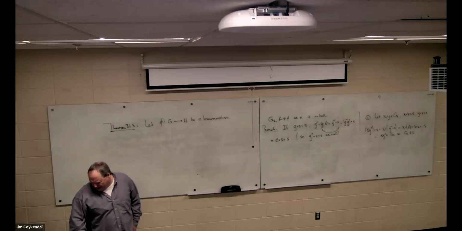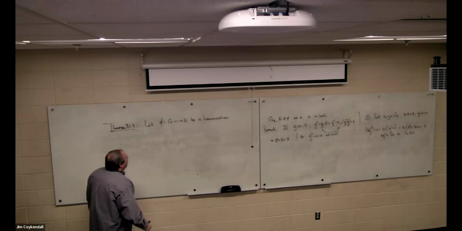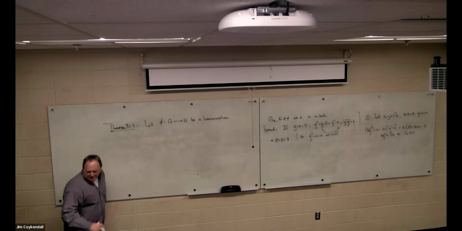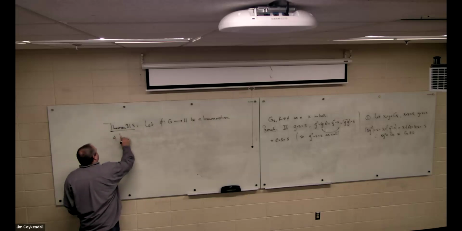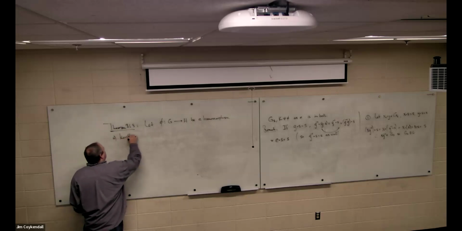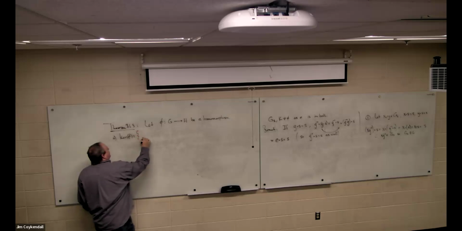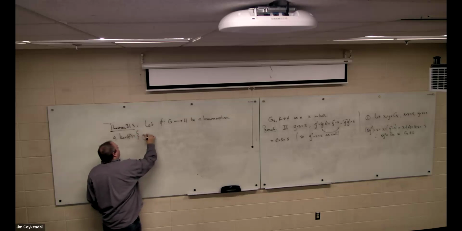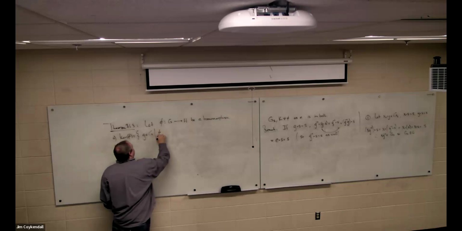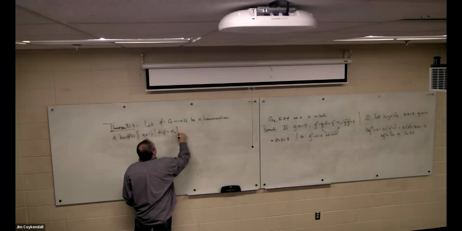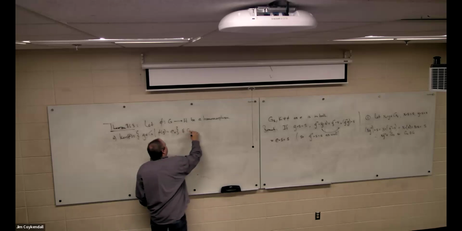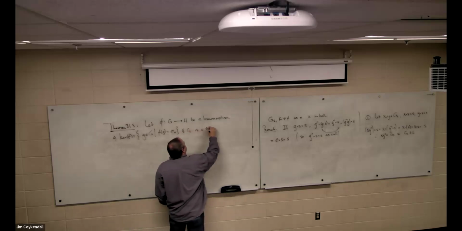The following are subgroups. A, the kernel of phi, which is the set of G in G such that phi of G is the identity of H, is a subgroup.